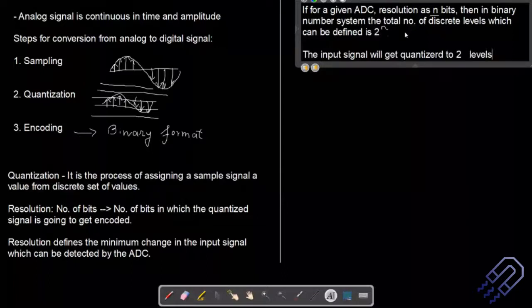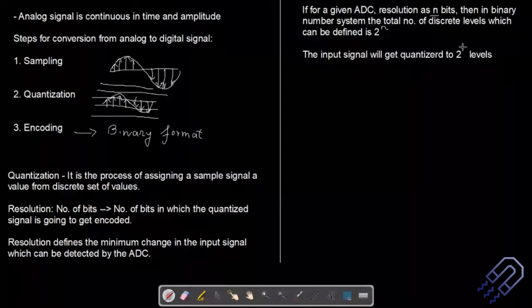In general, let's say it's a 3-bit system. So n is 3 here. That means, in this particular quantization, we'll be having 8 levels, which is equal to 2 to the power 3. So this is nothing but 8 levels.